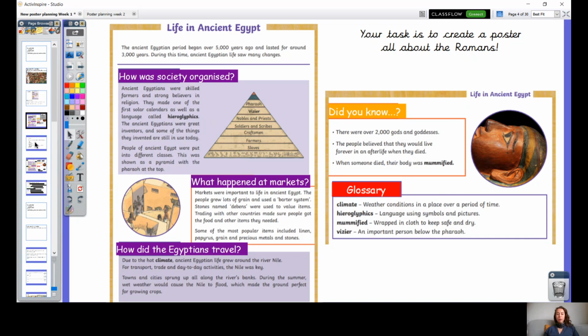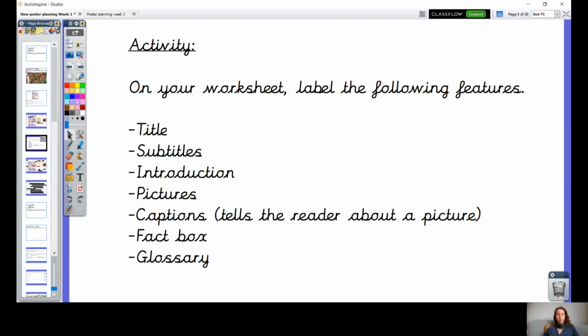So you've got a job to do next. Get your pencil ready. Have your worksheet in front of you, and I'd like you to label the following features that are on your model. Using a ruler, do your labels. I'd like you to find where the title is, where the subtitles are, where the introduction is, pictures, captions.